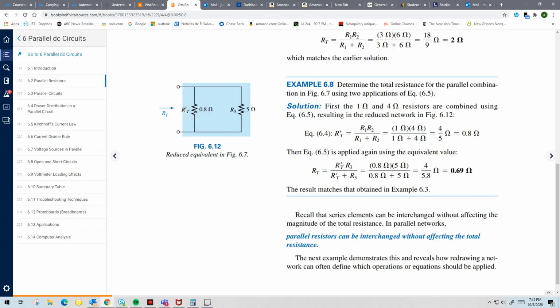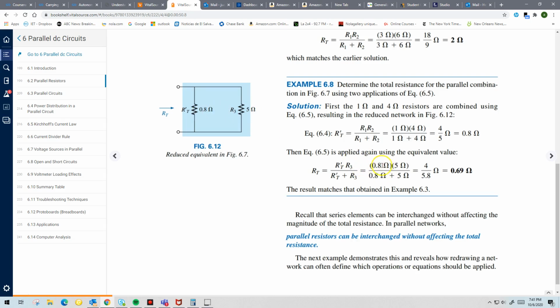So in this intermediate step, you have combined the first two resistors into this 0.8 ohm resistance, and now you have two resistances, so you can reapply the same rule. We multiply 0.8 times 5, and divide by the sum, 5 plus 0.8.